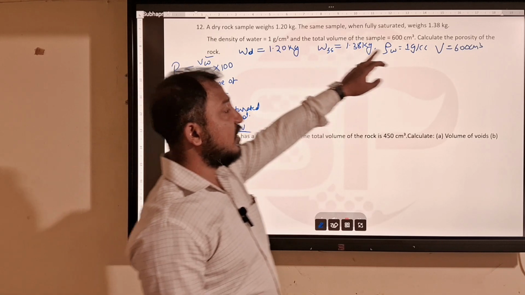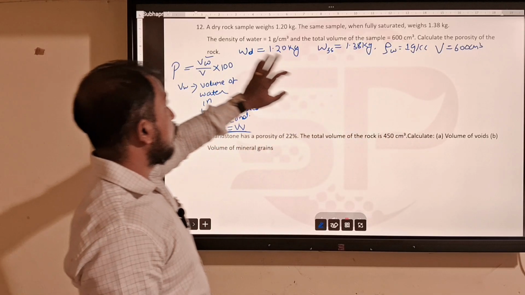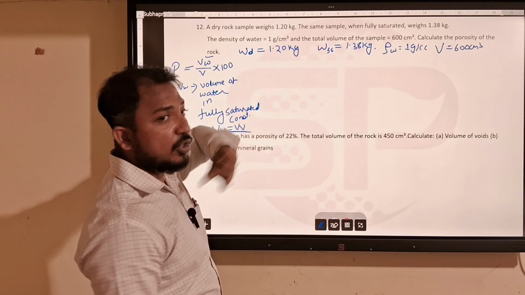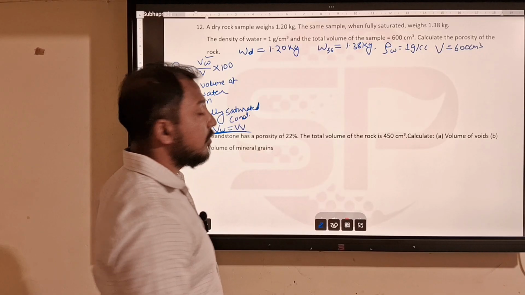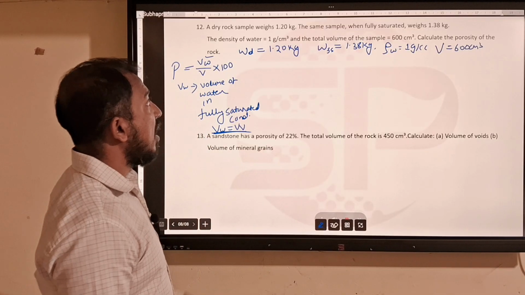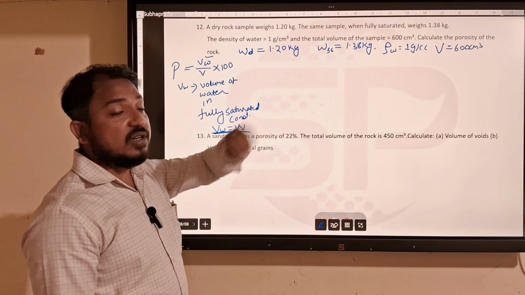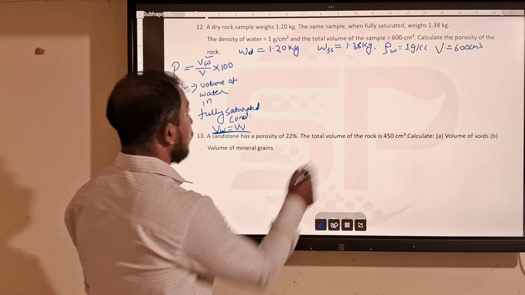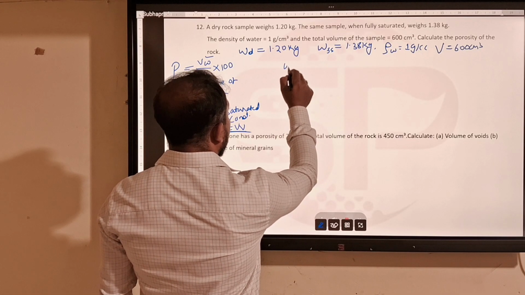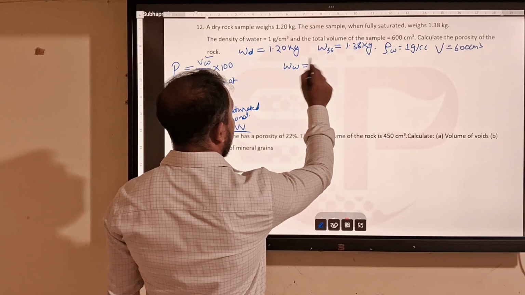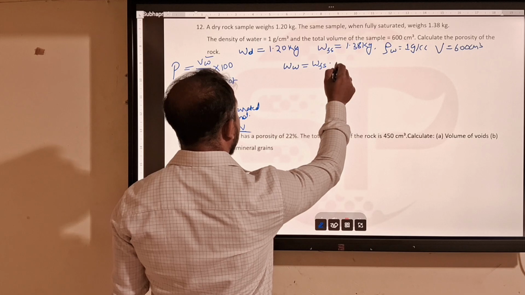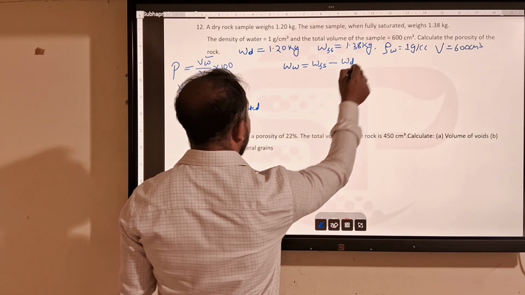So now it is given fully saturated condition. The rock sample in completely dry condition weighs 1.20 kg, and in fully saturated condition, it weighs 1.38 kg. Now the weight of water can be calculated by weight of sample in fully saturated condition minus weight in dry condition.